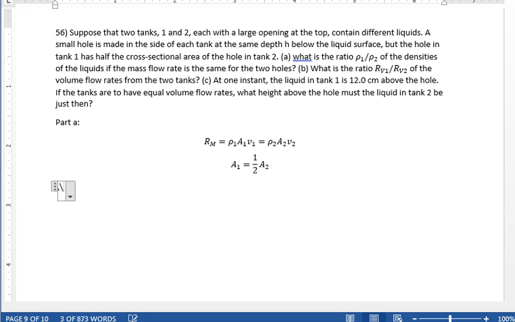So we can write this as rho 1 times 1/2 A2 V1 equals rho 2 A2 V2, and the A2 drops out. I'm going to divide by V1 and divide by rho 2, and I get rho 1 divided by rho 2 is twice V2 divided by V1. Now you're like, all right, what does that mean?